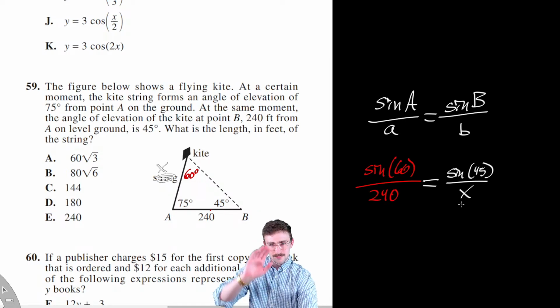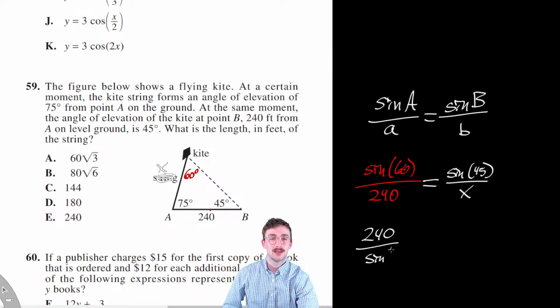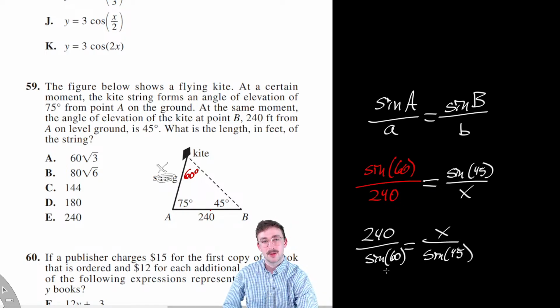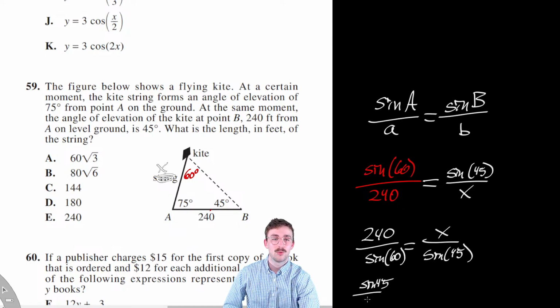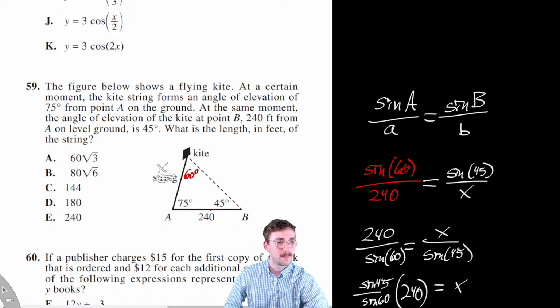If I flip things around a little bit, I can rewrite this as 240 over sine of 60 equals x over sine of 45. And then I can multiply sine of 45 times both sides. So sine of 45 over sine of 60 times 240 equals x. I'm just going to plug that in my calculator and we're good to go.